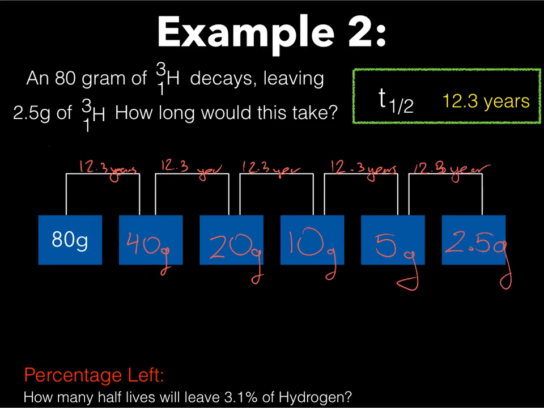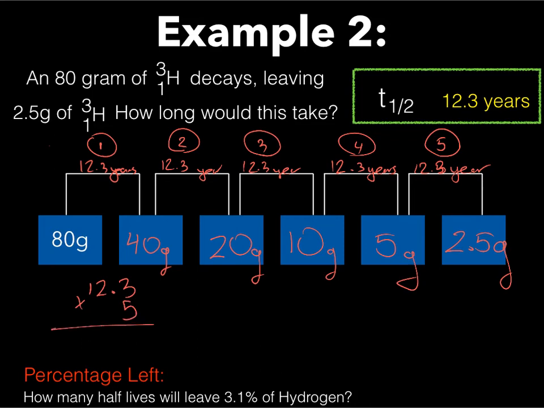So how long will this take? If you count how many half-lives we underwent, we went through 1, 2, 3, 4, 5. So we underwent 5 half-lives, and each half-life is 12.3 years. Times 5 half-lives, this is going to take a total of 61.5 years for us to decay and be left with 2.5 grams of our original tritium.